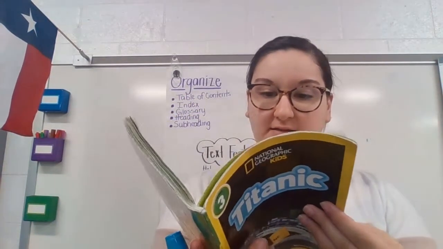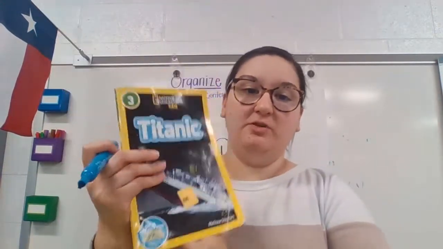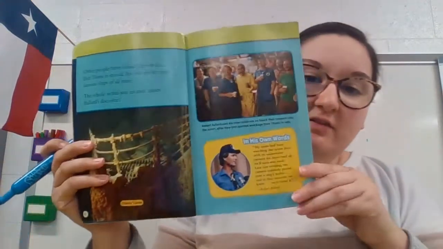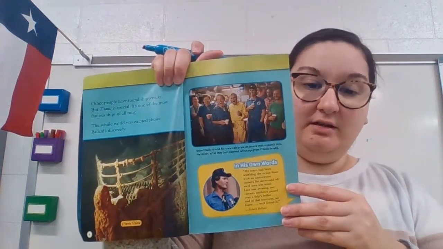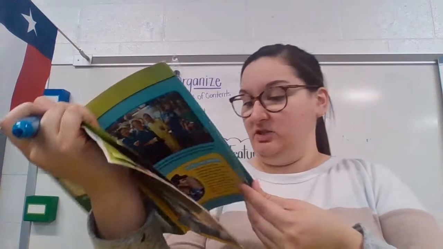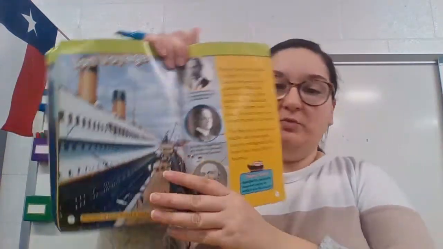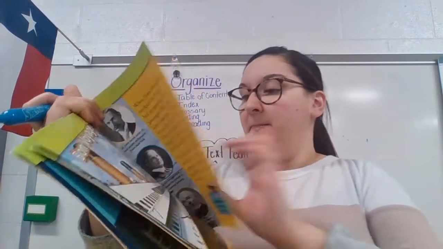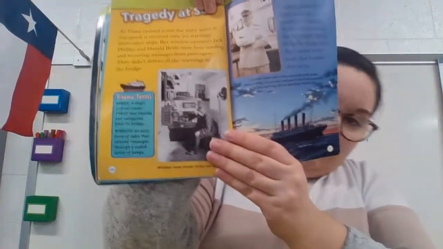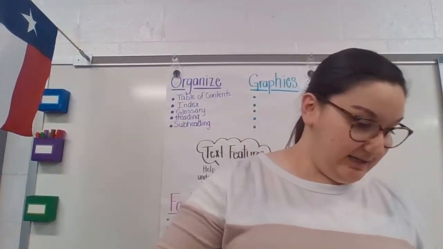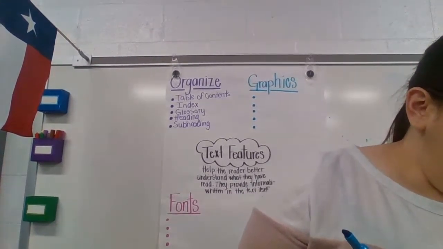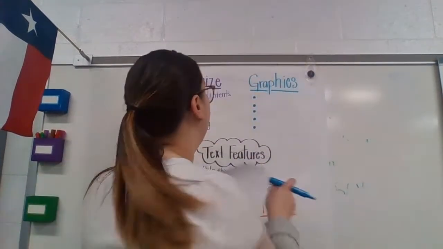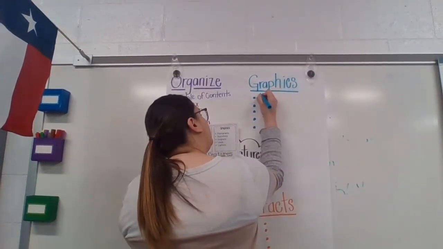So let's look at this book, and this is over the Titanic, and you can tell that they have actual pictures of the Titanic that they took, actual pictures of people. Okay. So a photograph is an actual picture that someone has taken with a camera, okay? So we are going to write photographs as one of our text features.